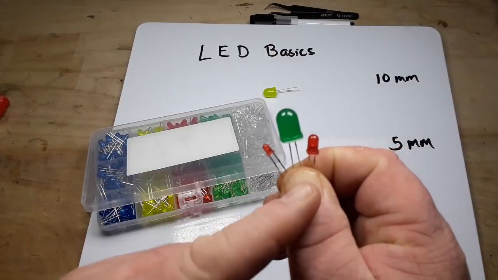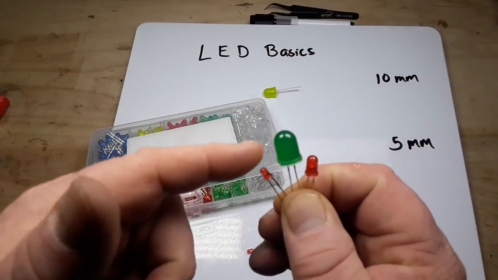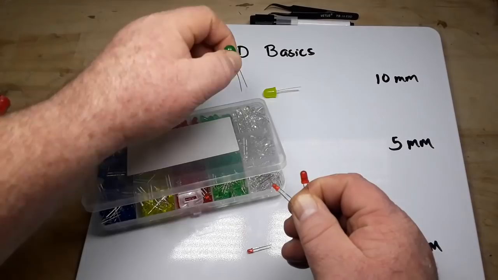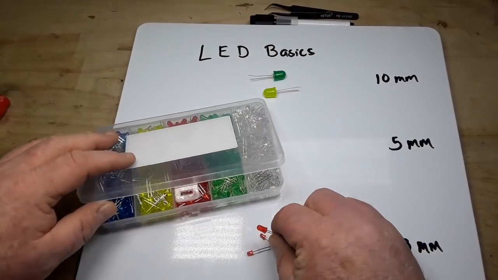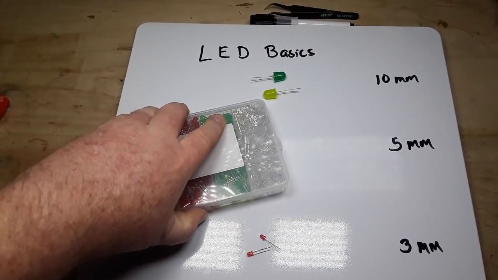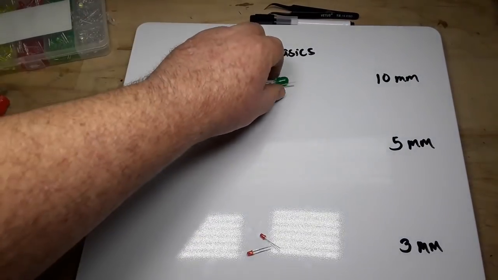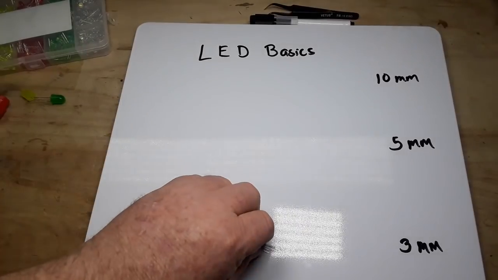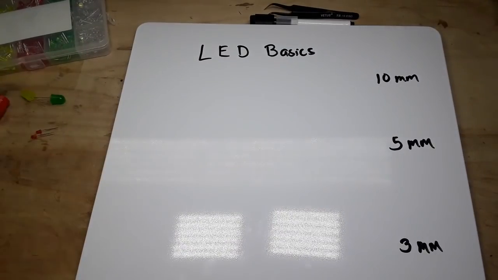The 3 millimeter and the 5 millimeter are relatively close. The 10 millimeter is considerably larger. But they all behave in exactly the same way. And you need to know 3 specific things to get your LEDs to work.